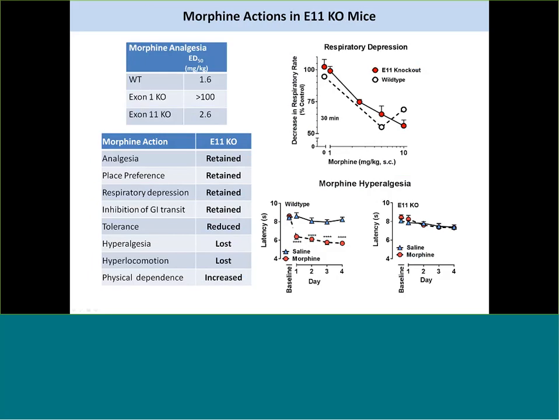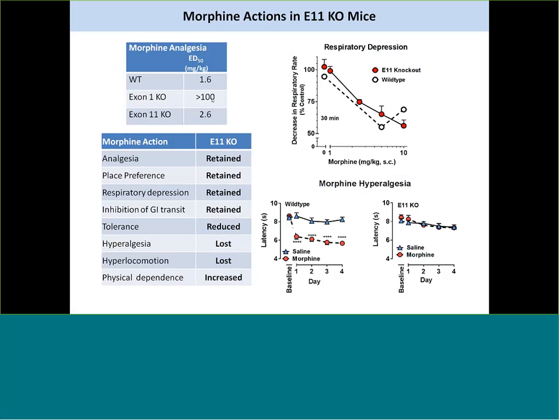Now, if you compare the different receptors with regards to morphine actions, you see a couple very interesting things. In the Pintar mice, if you knock out exon 1, morphine, in terms of analgesia, is totally inactive.